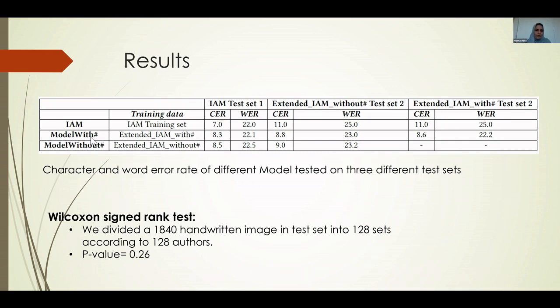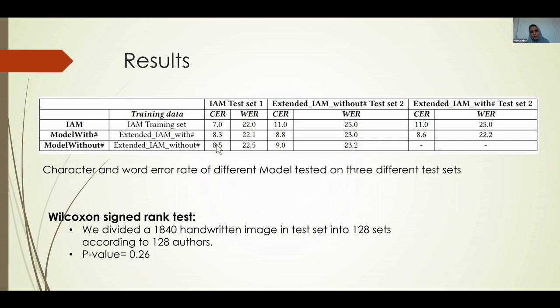Model with hash, so it's trained on IAM which contains hashes. We got an 8.3% character error rate on the IAM test set, and an 8.8 character error rate on extended IAM without hash.